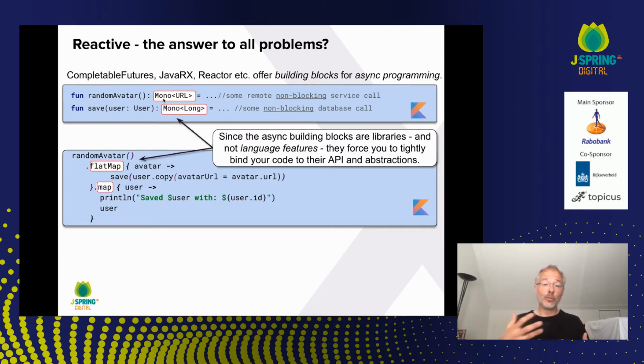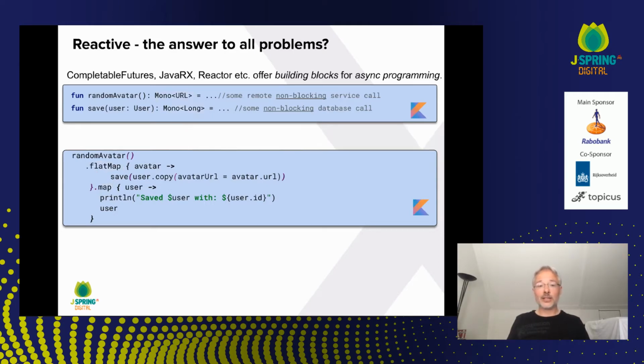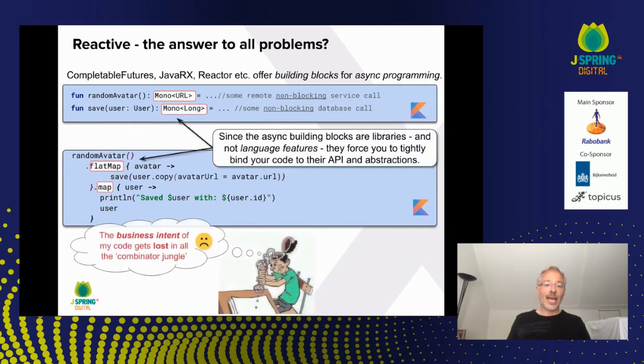And in order to fiddle around with this construct, to do our business logic, we all of a sudden get these combinators, flatMap. Maybe by now you're not very shocked anymore about flatMap, but still there are many combinators to learn. So the first big disadvantage we have with this piece of code is that our business intent gets really lost. This is a very simple example.